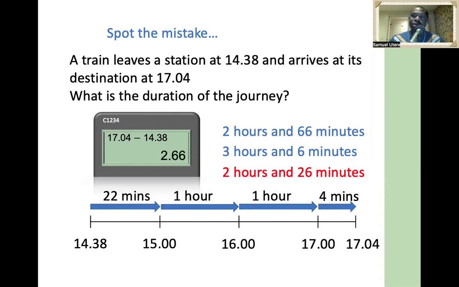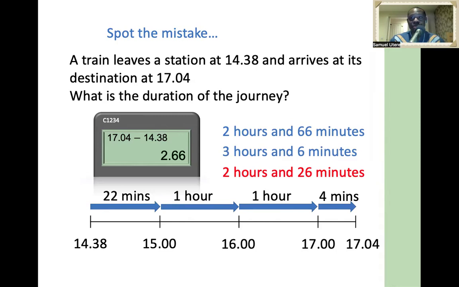What has gone wrong? Well, something you must know, and it's really important. When you're working with times, you need to be really careful. You need to know that your calculator is not going to help you much. You need to know that your calculator works in base 10, but when you work with times, you're working with base 60.